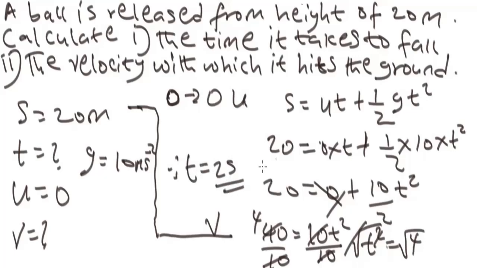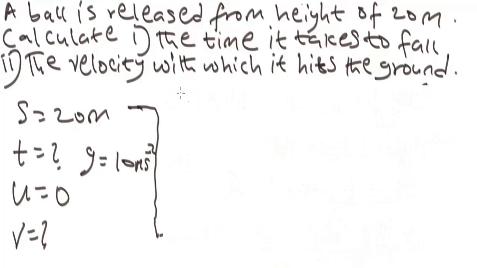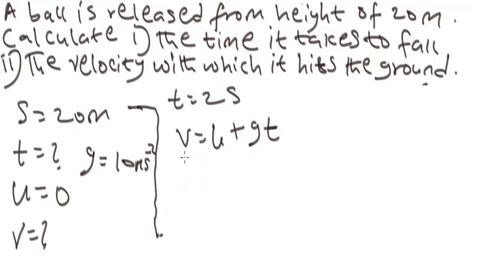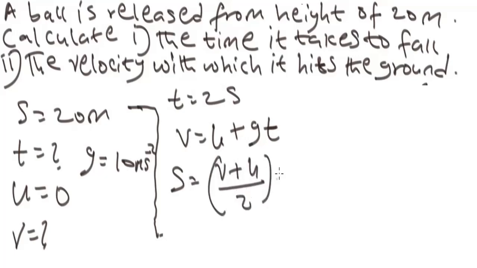Now let's solve for the second part, the velocity with which it hits the ground. We now know our t is 2 seconds. To get the final velocity v, we can either use v equals u plus gt, or x equals (v plus u) over 2 times time.